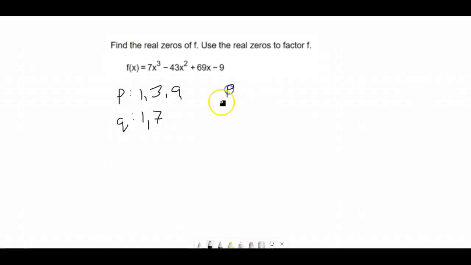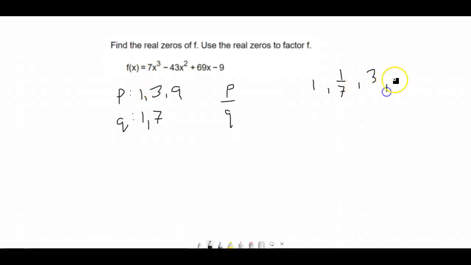And again, we're looking at all positive and negative answers there. So now I'm going to look at p over q, which is going to be a combination of all of the p's over all of the q's. So I'll start with 1 here and put it over 1. So 1 over 1 is 1. 1 over 7 is 1/7. Now I'll move to 3. 3 over 1 is 3.